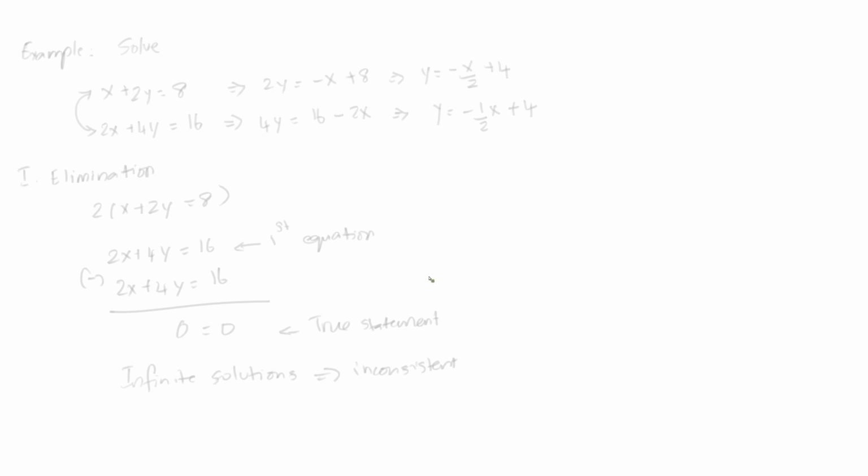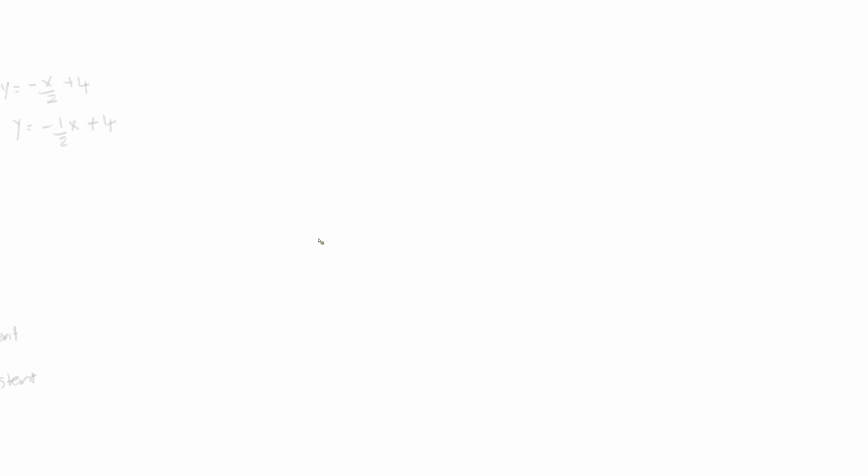Let's take another example. Slightly different from this case. x plus y equals 12 and 5x plus y equals 24. Now you try to eliminate it. Well, when I eliminate it, I just subtract them directly because I don't have to do any sort of operation here.